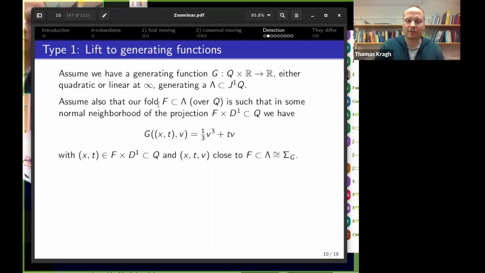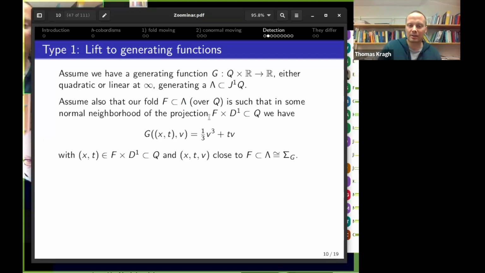Then assume we're also given a fold, and this is actually a fold over Q. I'm not picking some other rotation and looking at it from another side to make it look like a standard fold. It actually is a fold over Q, which was also the case in the example.